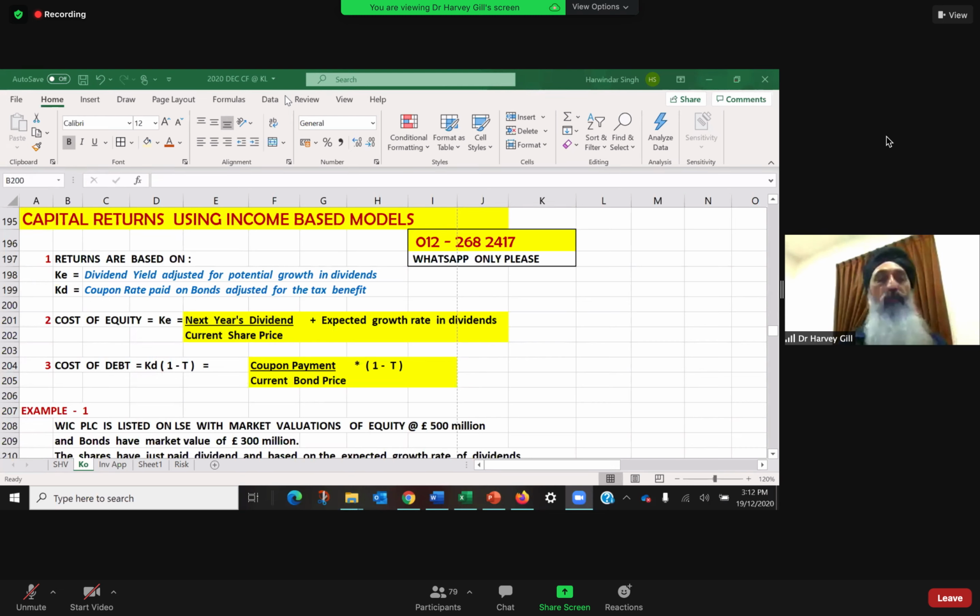You can also work out KE based on dividend yields adjusted for growth. Let's see how that works. Returns are based on dividend yield, and KD is the coupon rate paid on bonds adjusted for tax benefit. And so we'll come back to the discussion that we were having just now.